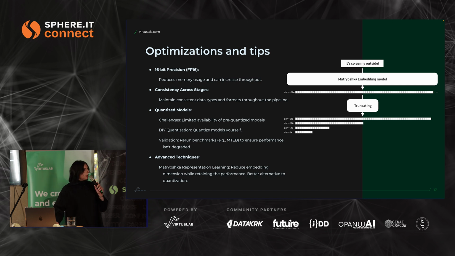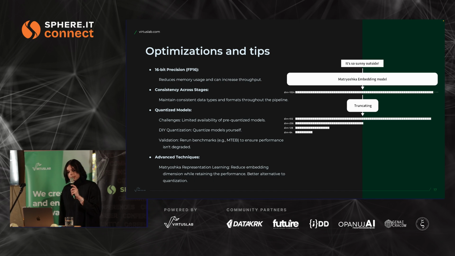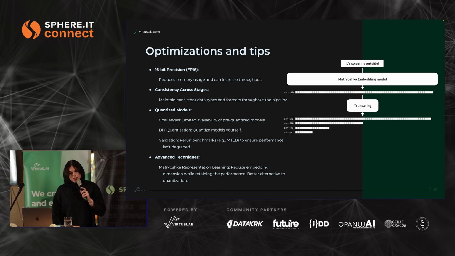Quantized models are quite popular in the LLM world, but in the embeddings world, there is a limited availability of pre-quantized models. You can do it, of course, yourself, but you need to rerun benchmarks like MTEB to ensure that performance isn't degraded.